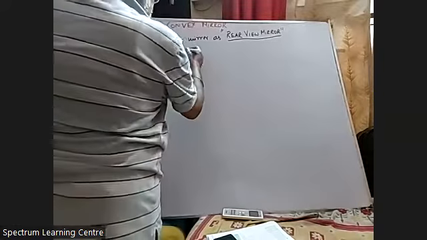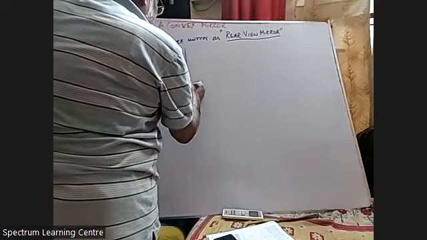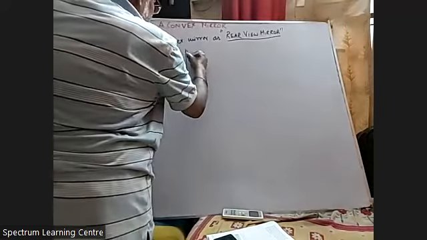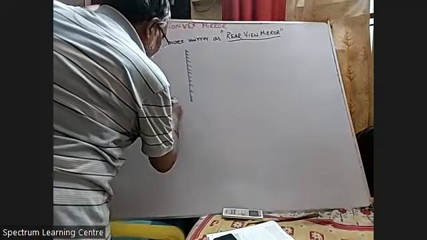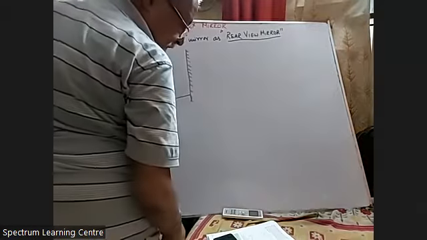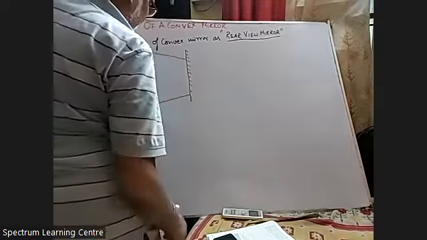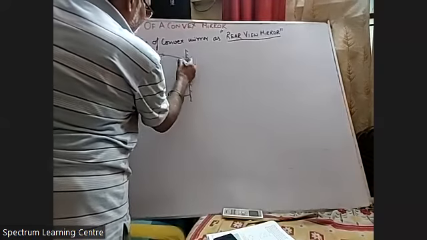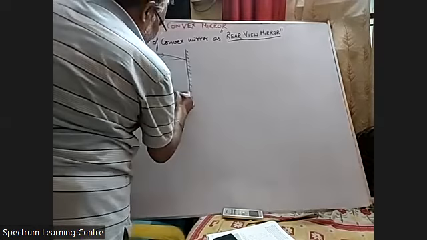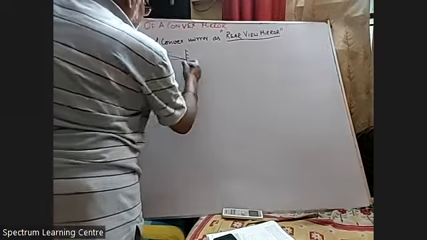Correct. So if I use a plane mirror, right, like this, now there are two incident rays. At this point I'll have to draw the normal. At this point also, I'll have to draw the normal.